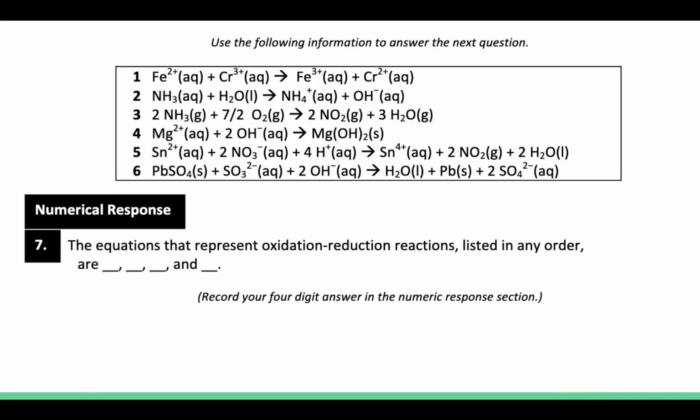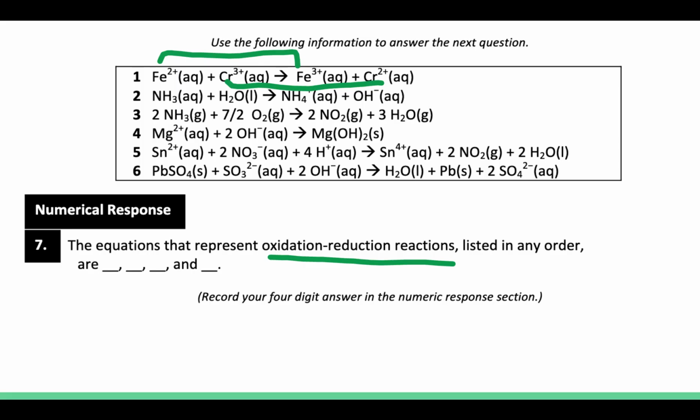Okay. So this next one is about which ones represent an oxidation reduction reaction. Just taking a look at the first equation, to be a redox reaction, you have to have something undergoing oxidation and something else undergoing reduction. So if we look at the first one, we see Fe2 positive is turning into Fe3 positive, so it lost an electron. And Cr3 positive is turning into Cr2 positive, so it gained an electron.